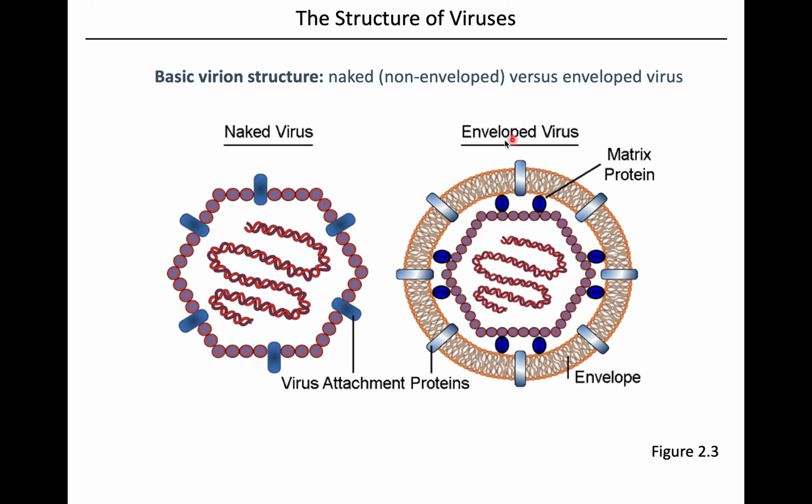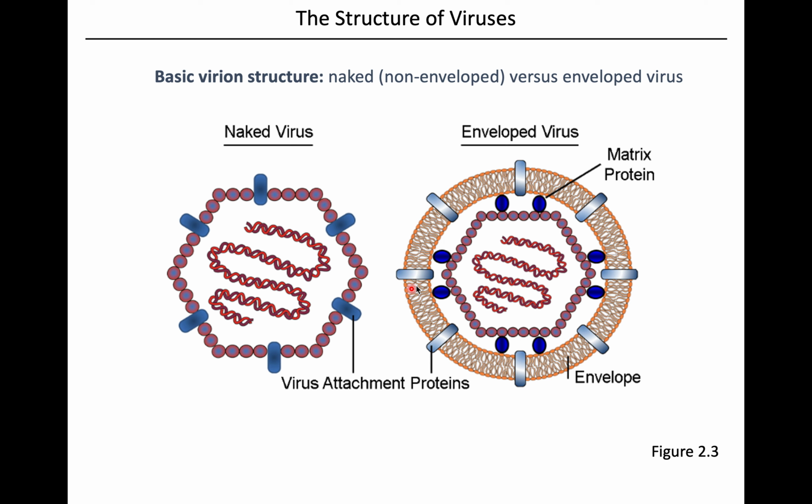Anytime you have an enveloped virus, there are going to be proteins called the matrix proteins that are basically facilitating the interaction between the capsid proteins and the membrane, the envelope. So we still have that basic capsid structure here inside the envelope.